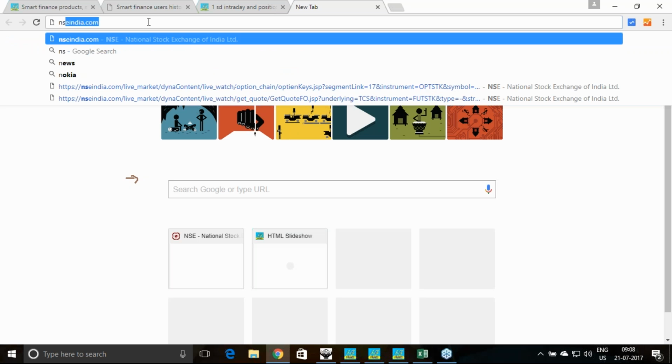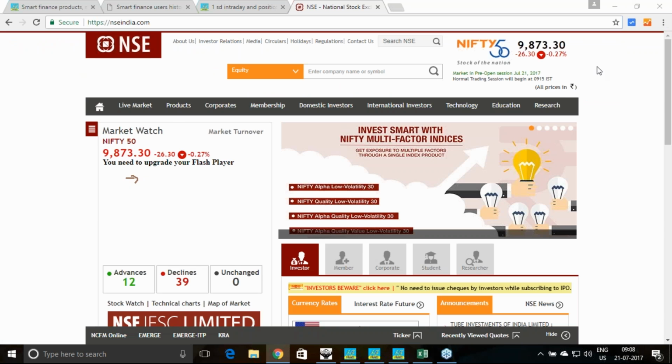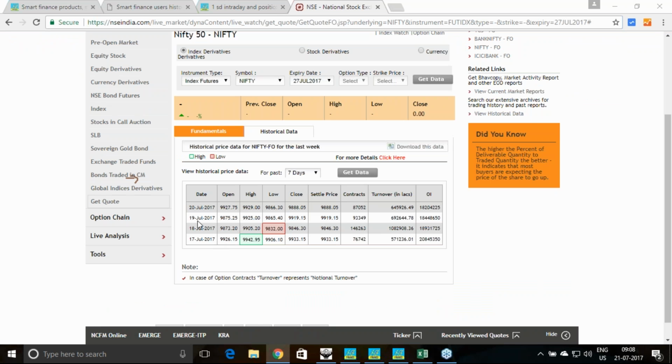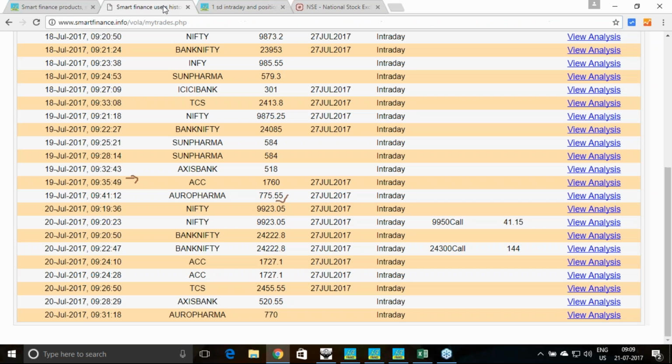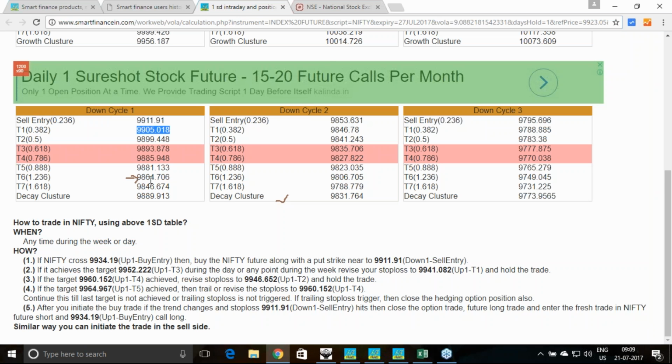Let me check the day's low. Here is yesterday's day's low: it made 9866.3. And in the morning at 9:20 you had calculated the levels till 65.